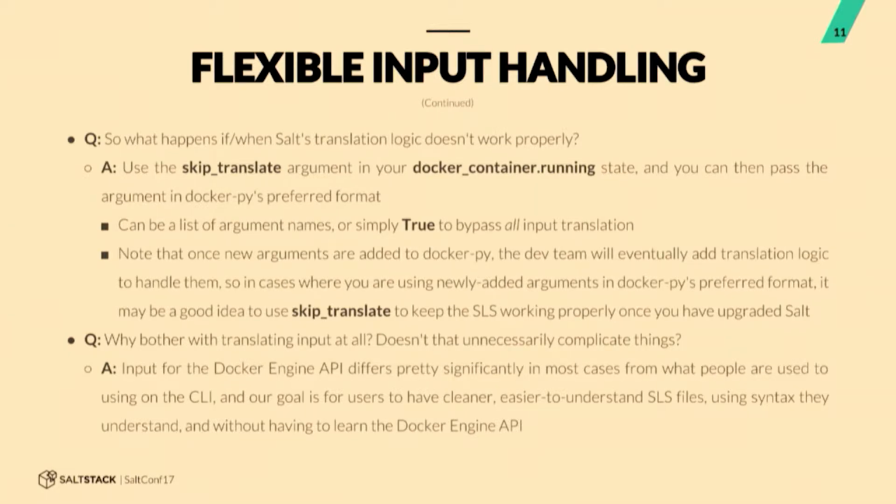So it might be a good idea to skip the translation until you have upgraded Salt to a version where we do properly translate the input for that newly added argument.